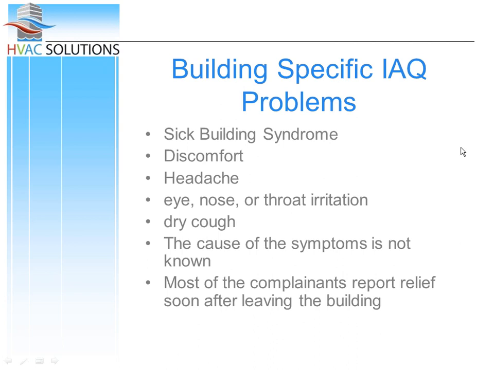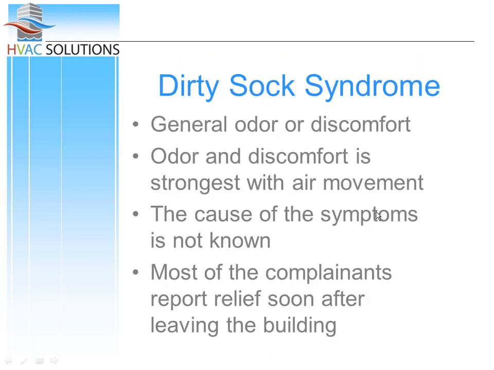It just means that we don't know what the problem is. Now, that would be considered a sick building. And I bring this up because GPS has done a great job at getting rid of a lot of the sick building syndrome symptoms, and people are able to feel better and get back to work.